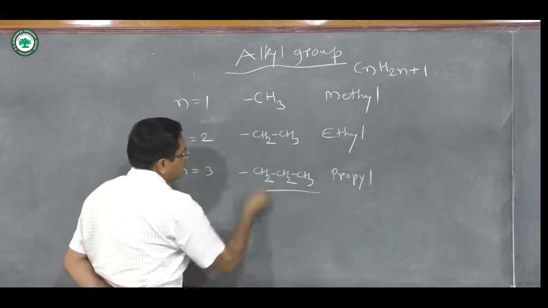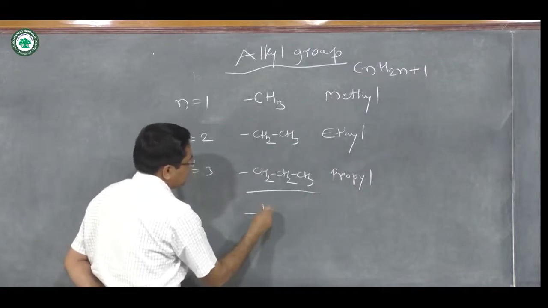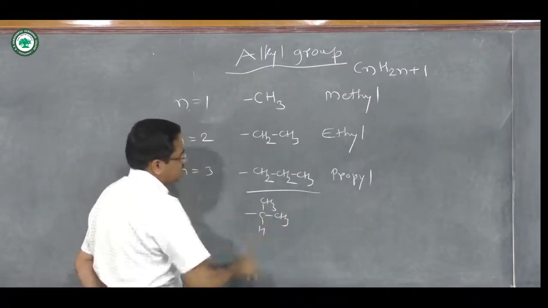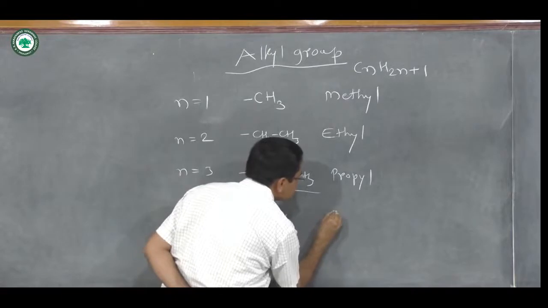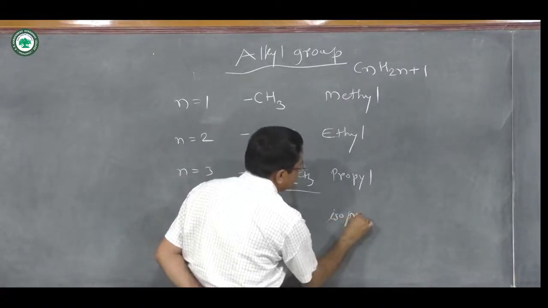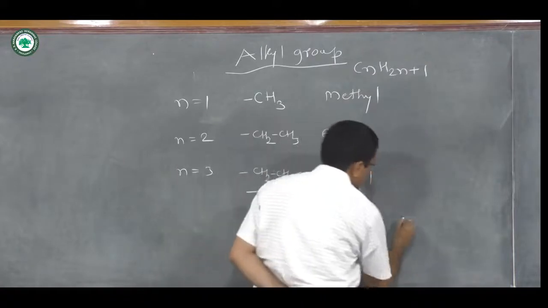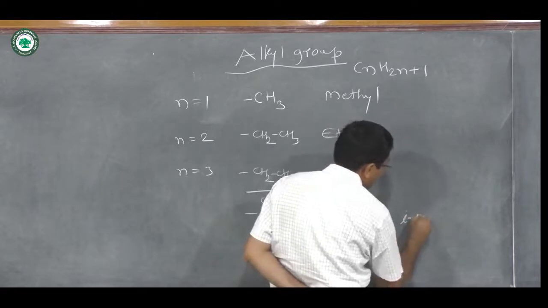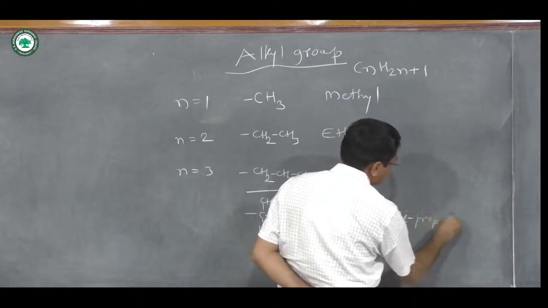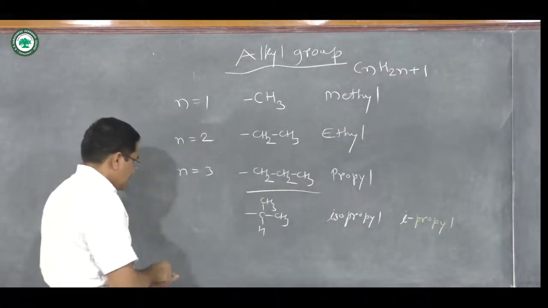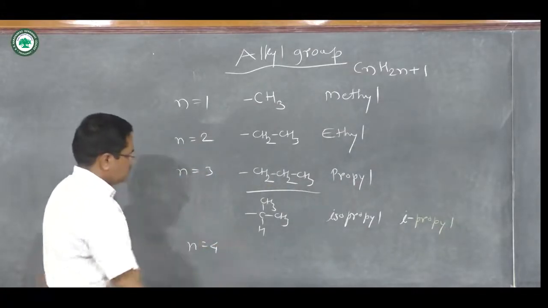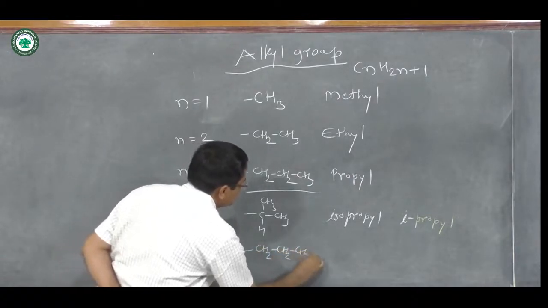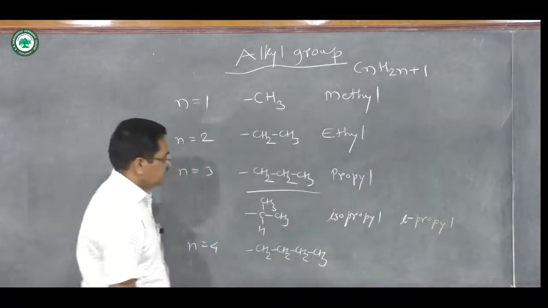In case of propyl, this may be written in this way. Then this is called isopropyl, or sometimes it is denoted by I and propyl. And suppose n equals 4, then CH2 and CH3.